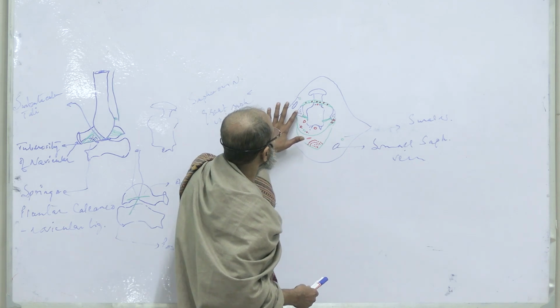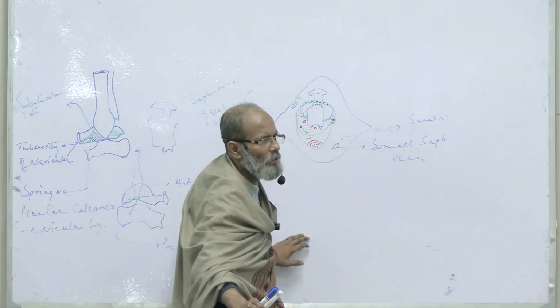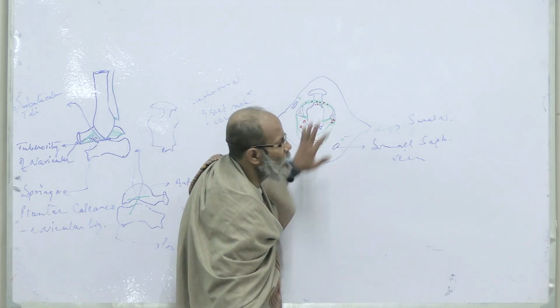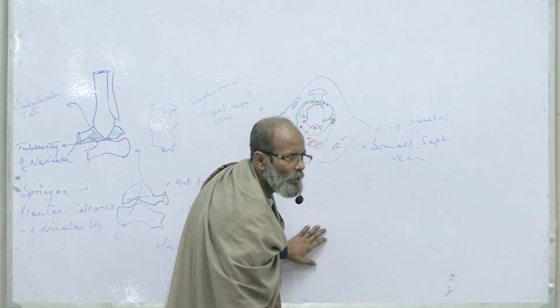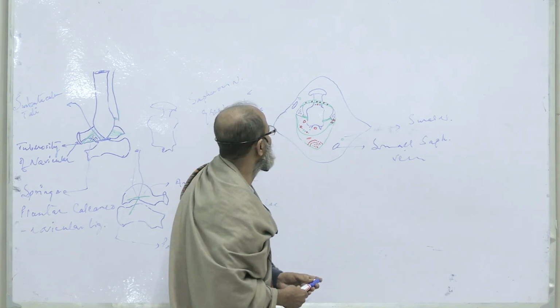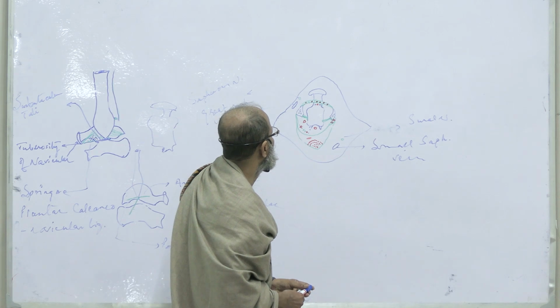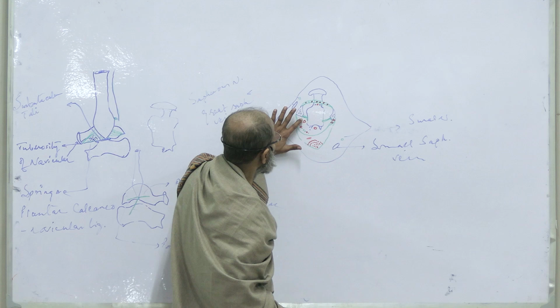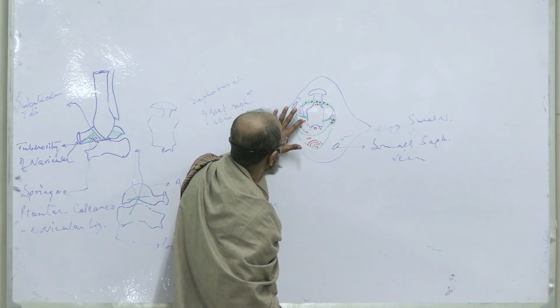So this is the medial malleolus in cross section. This is the lateral malleolus, that is the fibular part, at the level of the ankle joint. This is flexor hallucis longus. This is tibialis posterior.